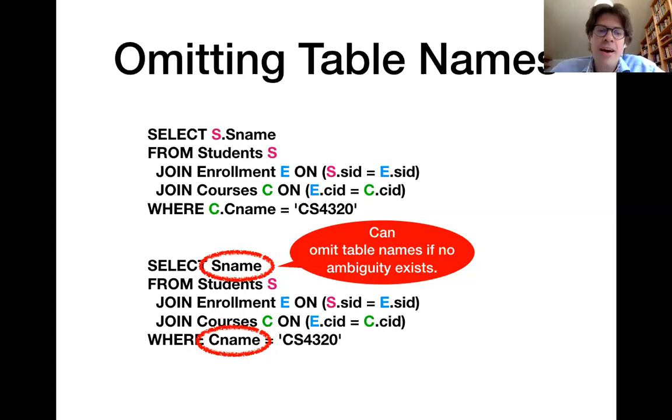In those cases, SQL allows you to simply omit the name of the corresponding table. On the other side, if you have something like the student ID or the course ID, the student ID, for instance, appears in the students table, but also in the enrollment table. So if you just write student ID, the database management system does not know which table you are referring to. And that's why for those columns, you have to add the table name or the alias name.